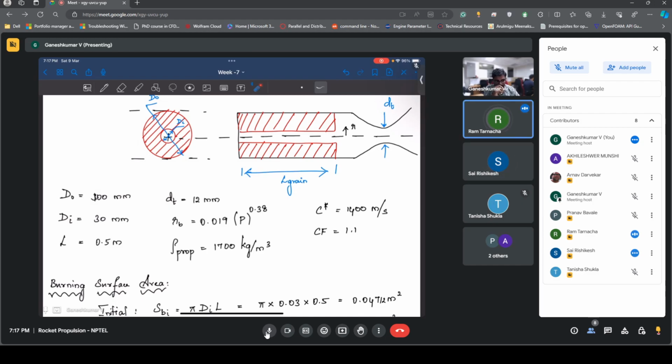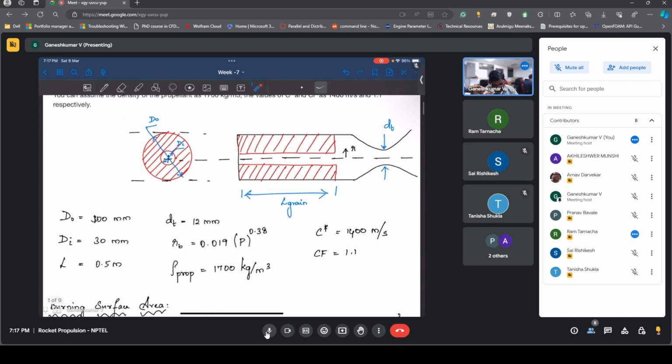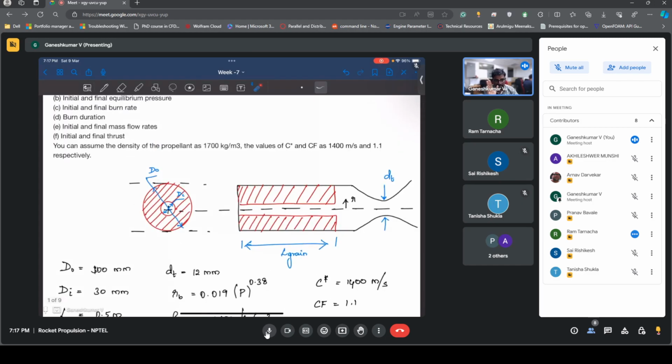No, ignition can happen there as well, but I think this side is inhibited. As sir said, it can be inhibited because they can add an inhibitor here to arrest it.